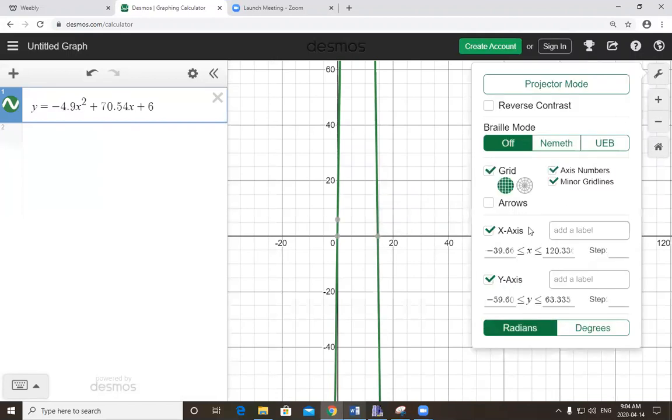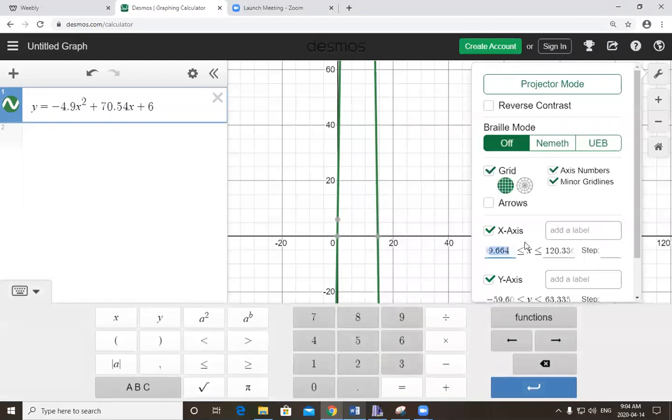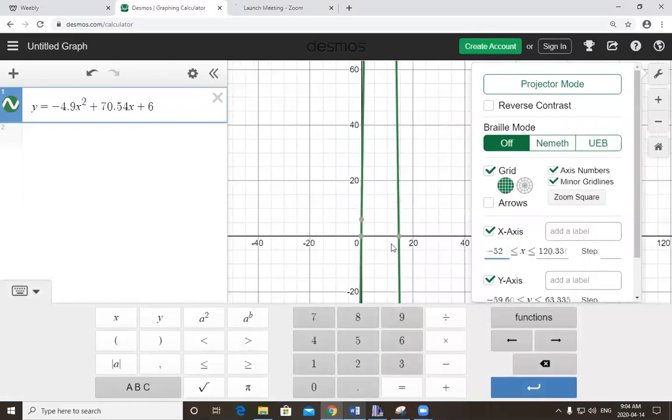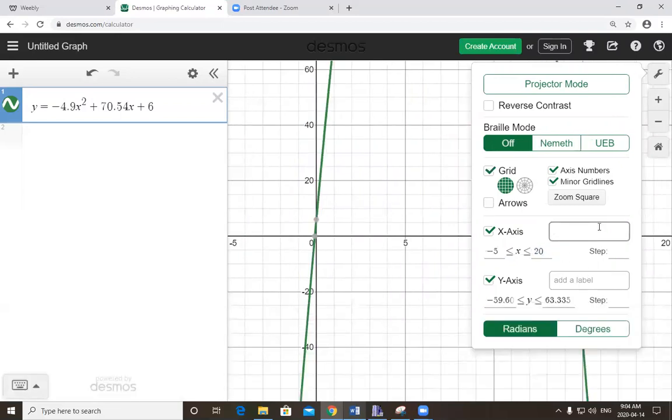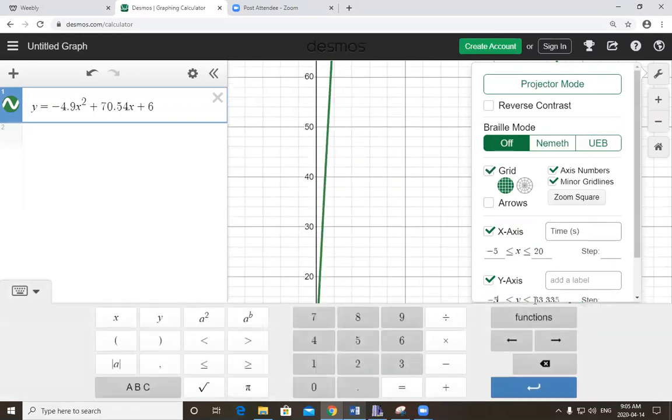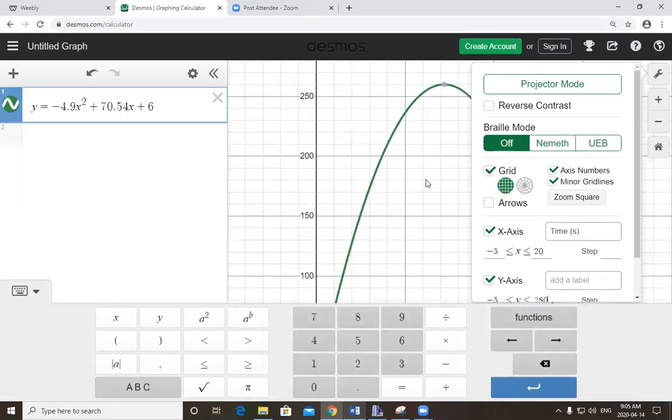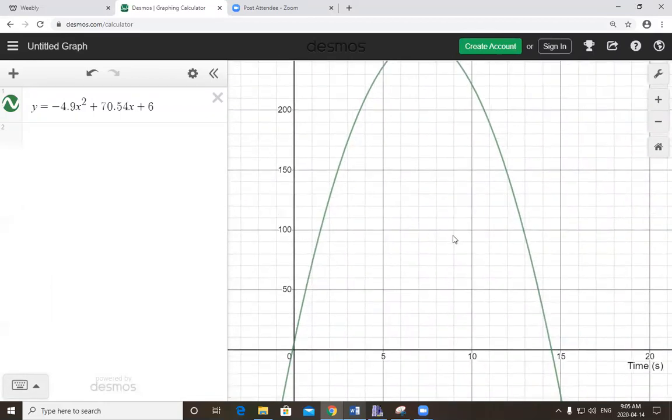Always want to fix our graph. So we'll go from -5, just so we keep some of the x and y-axis, to 20. The x-axis is time in seconds, and the y-axis will go from -5 to 280.